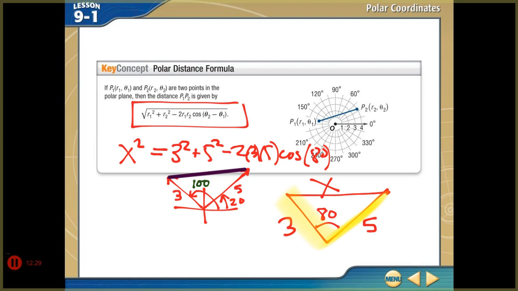So you can use your law of cosines to determine what your distance is going to be. We can plug in those values, just like we have our rectangular distance formula. Our rectangular distance formula is the square root of (x1 minus x2) squared plus (y2 minus y1) squared. We can plug and chug through this distance formula to find the distance between points.